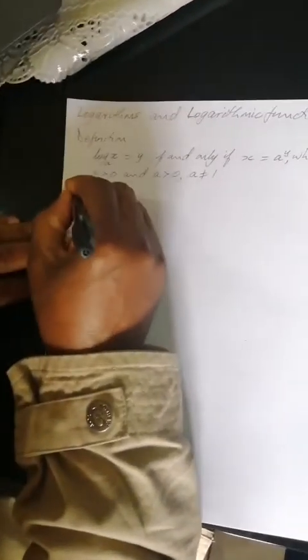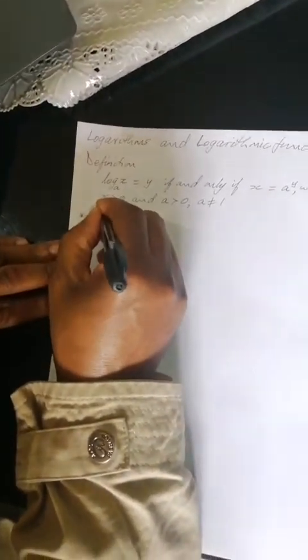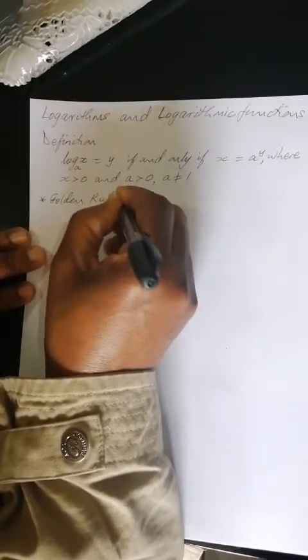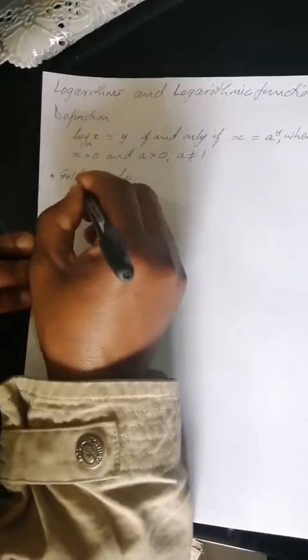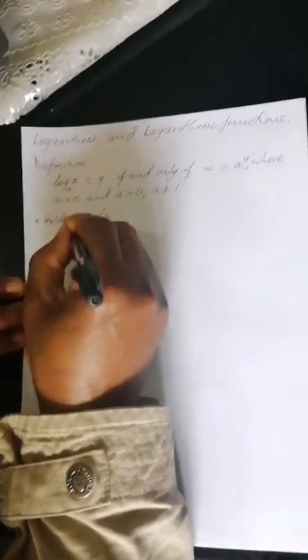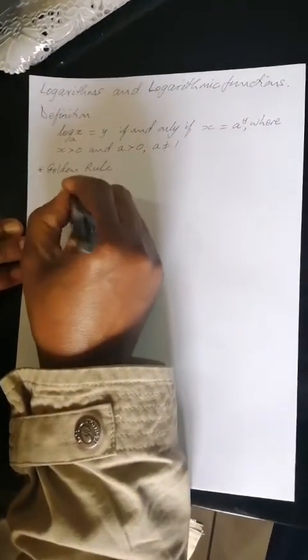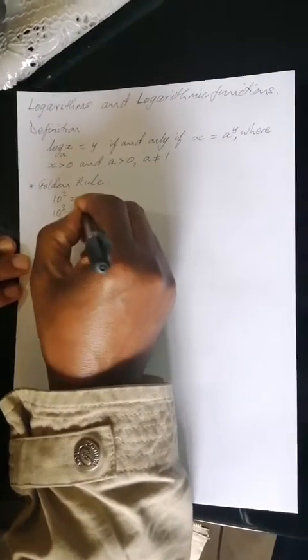Let me quickly talk about what I call the golden rule. We know that 10 to the power 2 is equal to 100. That's a fact. We all know that. 10 to the power 3 is equal to 1,000. Very true.